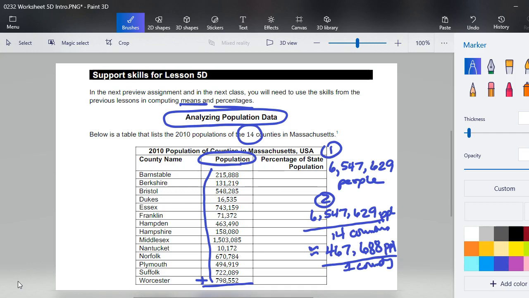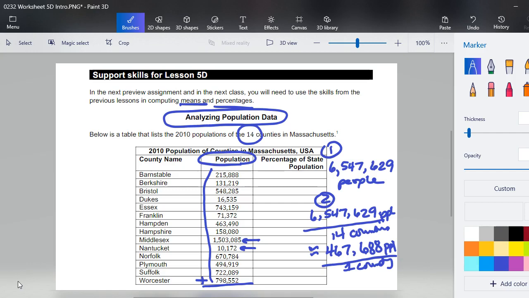Or you could have said no, because the populations vary so widely, from more than 1.5 million all the way down to, wow, 10,000. It's a huge range. So you might say no, this is not a good measure for these counties.